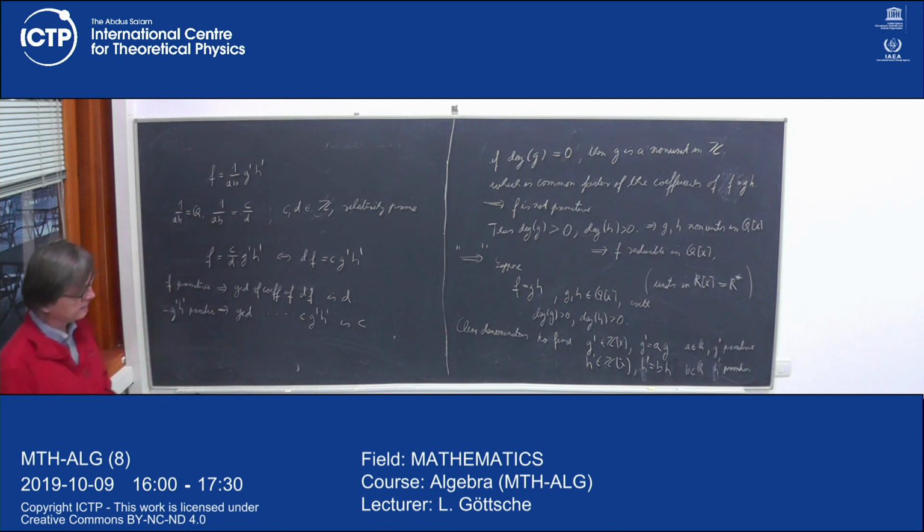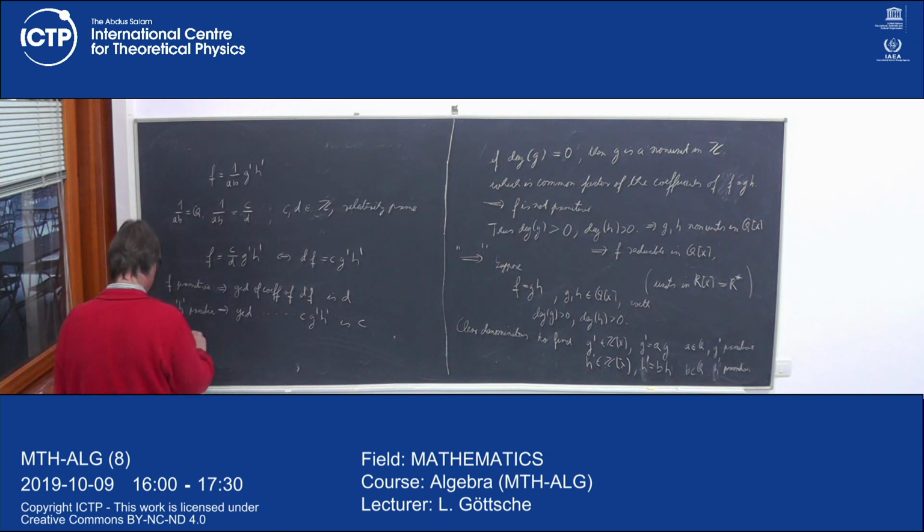The greatest common divisor is well defined up to multiplying by a unit. So it follows that C is equal to plus or minus D.